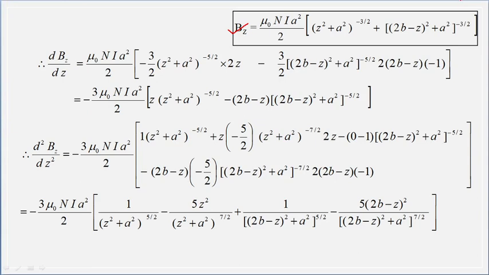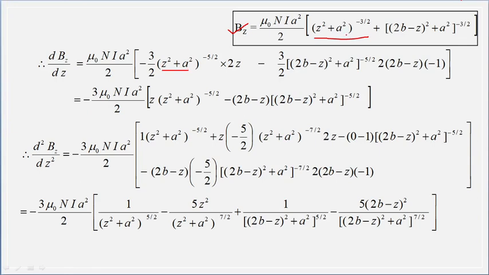Now differentiate the first term: minus 3 by 2 comes as a multiple, then the power reduces by 1, minus 3 by 2 minus 1, that is minus 5 by 2, into the derivative of what is inside the bracket. The derivative of Z square is 2Z, because with respect to Z, A is a constant, so that is 0.